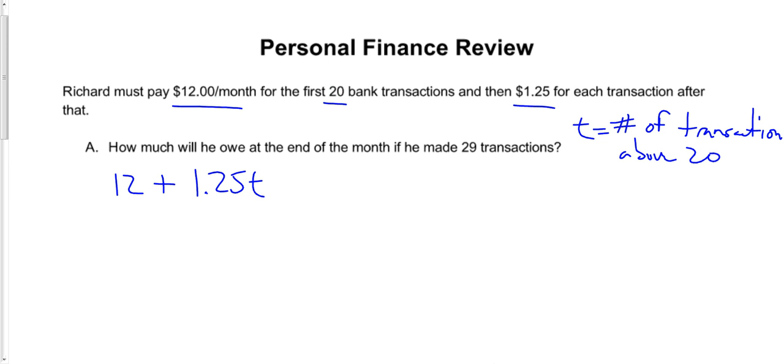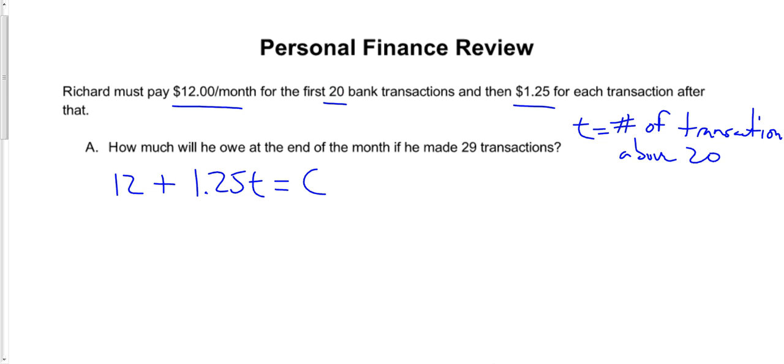In this particular situation, we want to know how much he's going to owe at the end of the month if he's made 29 transactions. So our formula, $12 plus 1.25 times T, is going to equal the cost of that particular bank account, C. We have to figure out how many transactions above 20 he has made.